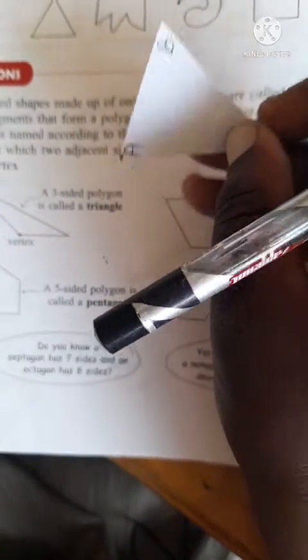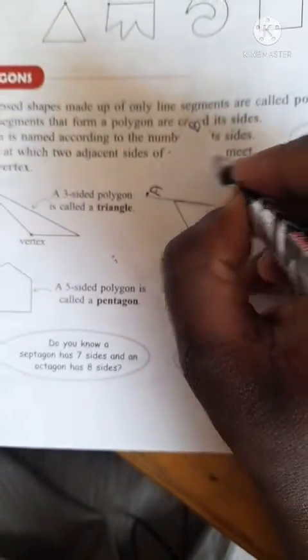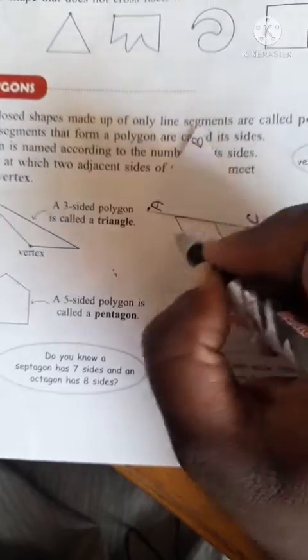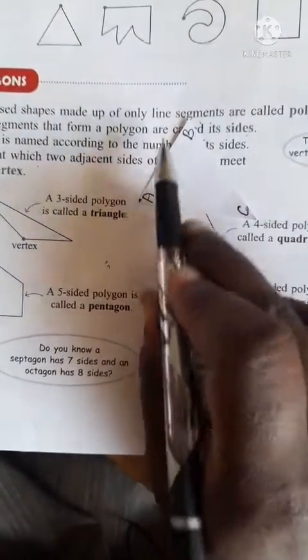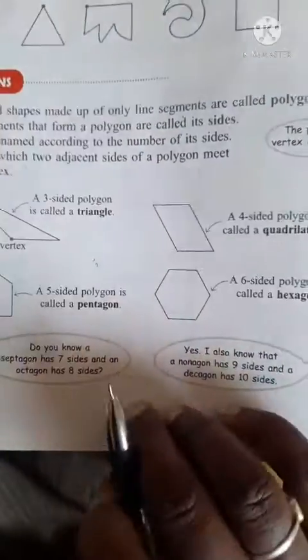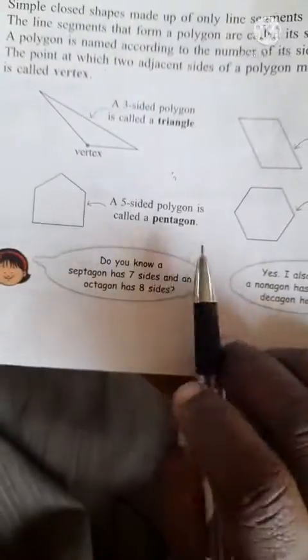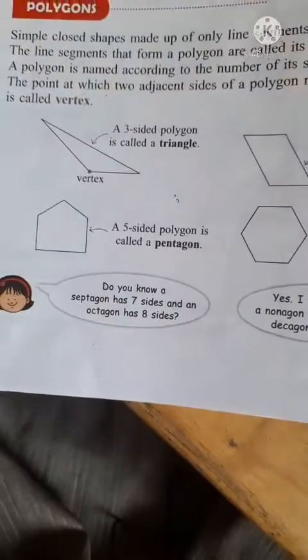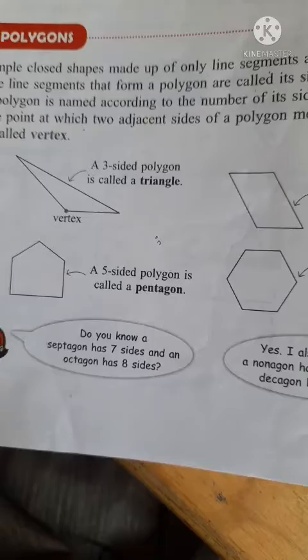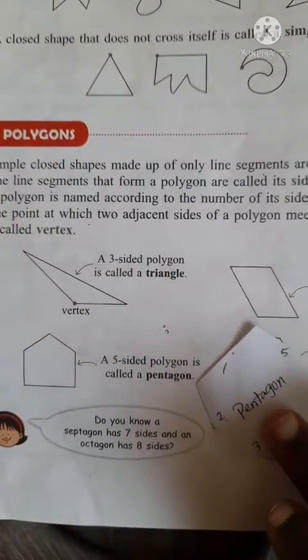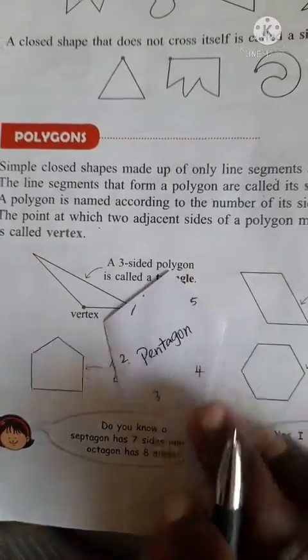So, a three-sided polygon is called a triangle. Already I have shown you in the figure: three sides, 1, 2, 3. So it is called a triangle. Next, a five-sided polygon is called a pentagon.